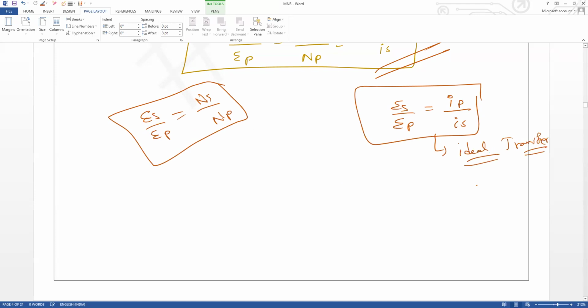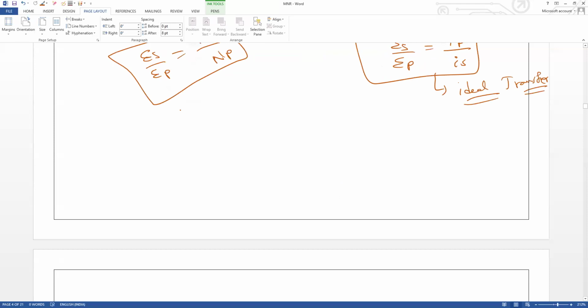But when it comes to the practical case, see, in an ideal transformer, power input is equal to power output.